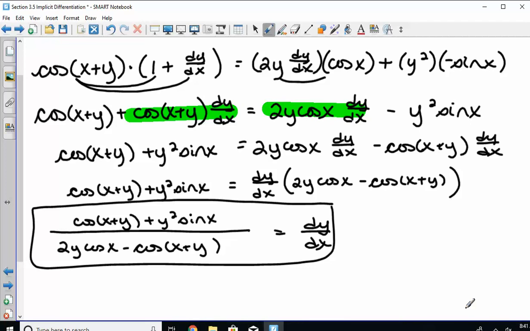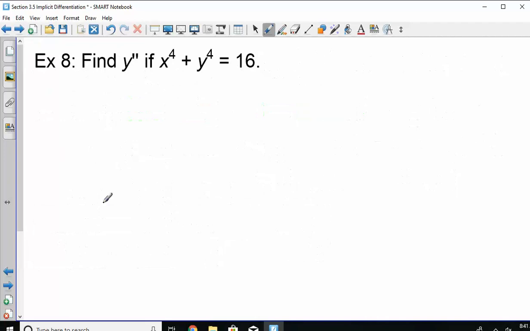I want to do one more example, and this is going to be the last one for today. I'm asking you to find y double prime. So we are doing the second derivative here. So we have to start by finding the y prime, the dy dx. So x to the fourth would become y to the fourth derivative is 16.